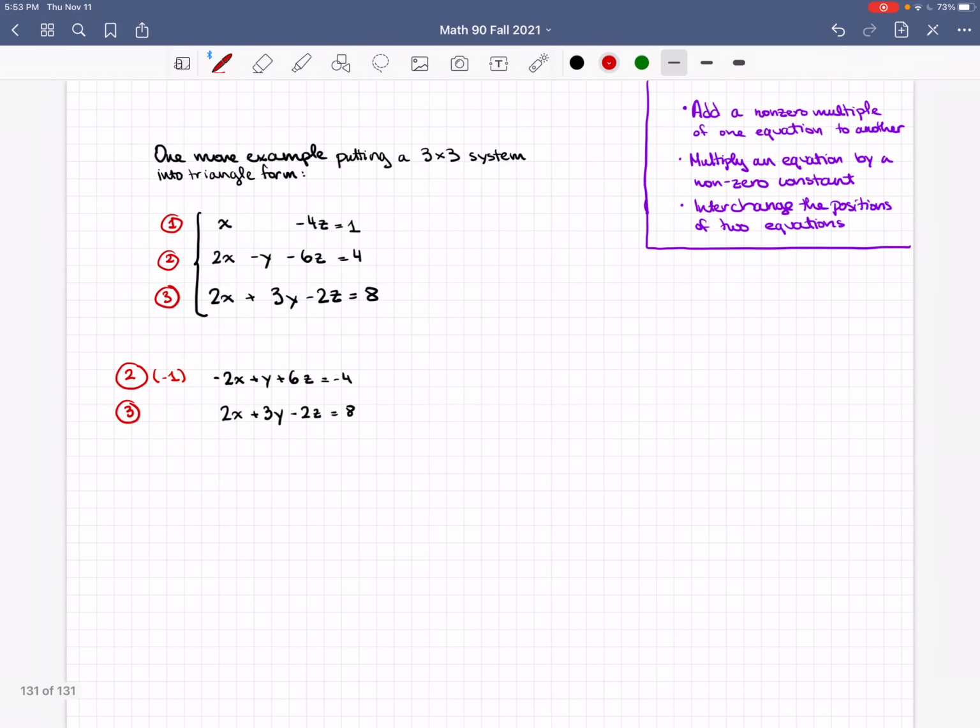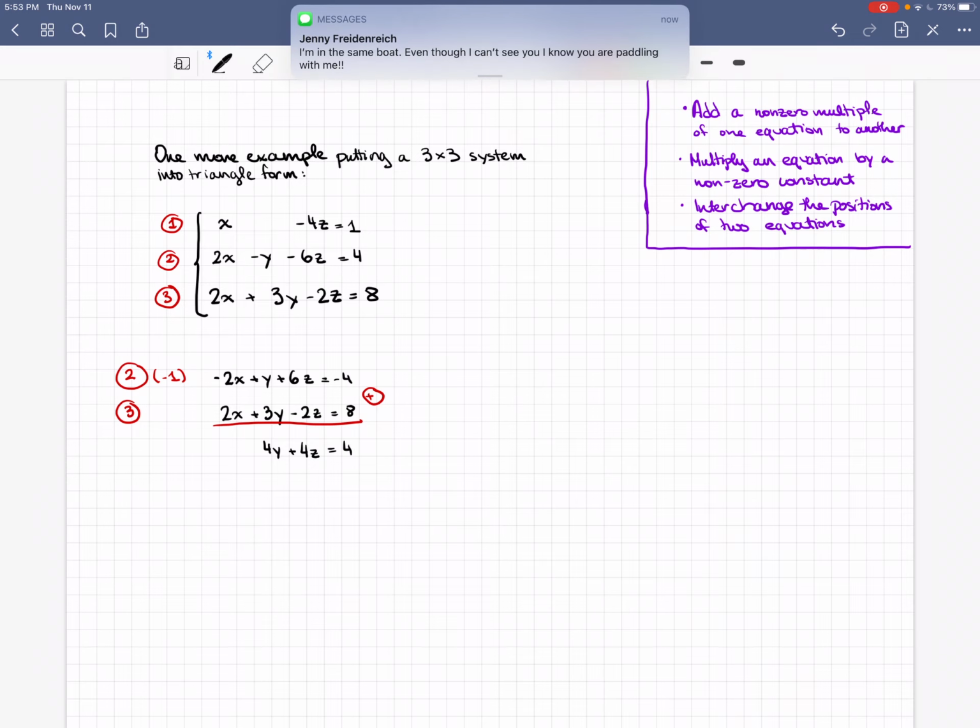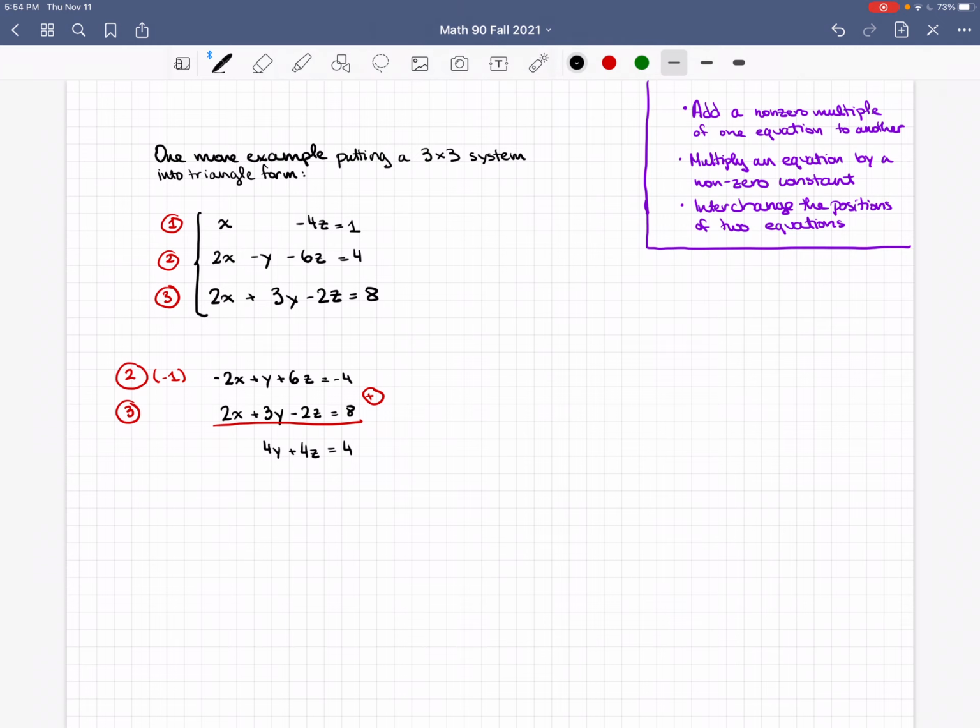And when I add them together, that leaves me with 4y plus 4z is equal to 4. And by total happenstance, this is totally lucky in this case, I can go ahead and divide both sides of this equation by 4 to make this equation even cleaner, even simpler. y plus z equals 1.